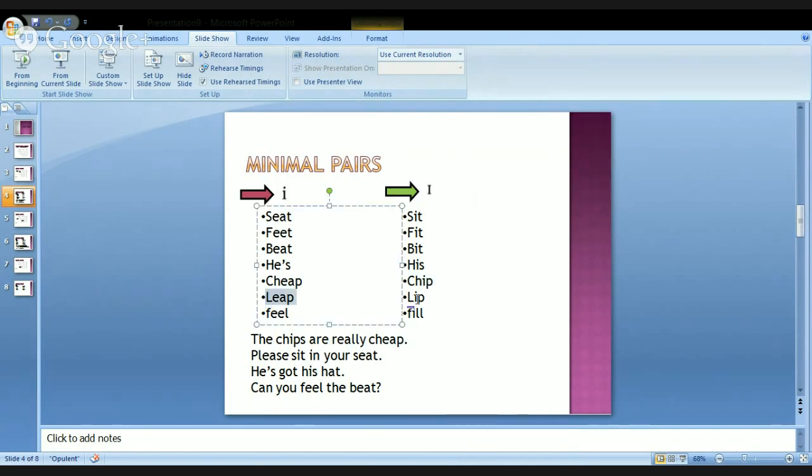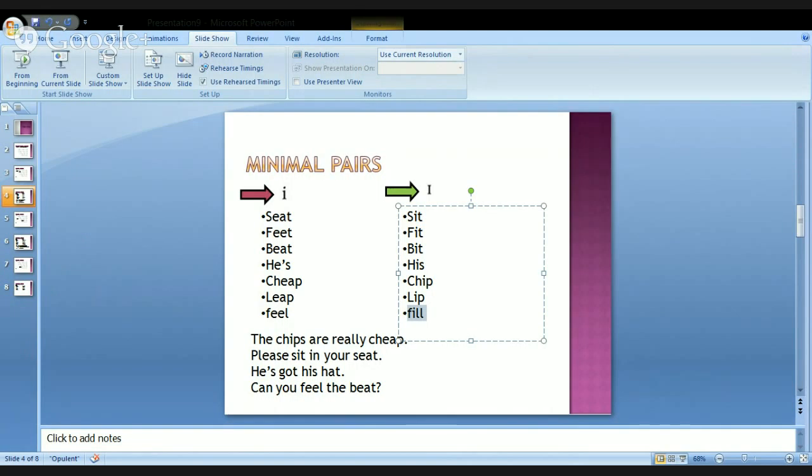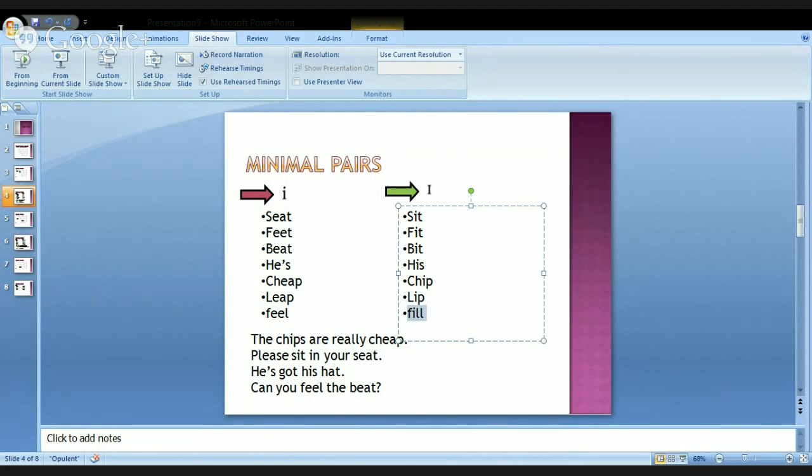Excellent. Leap, lip. Lip and lip. Feel, fill. Feel and fill. There you go. Excellent. Good job.